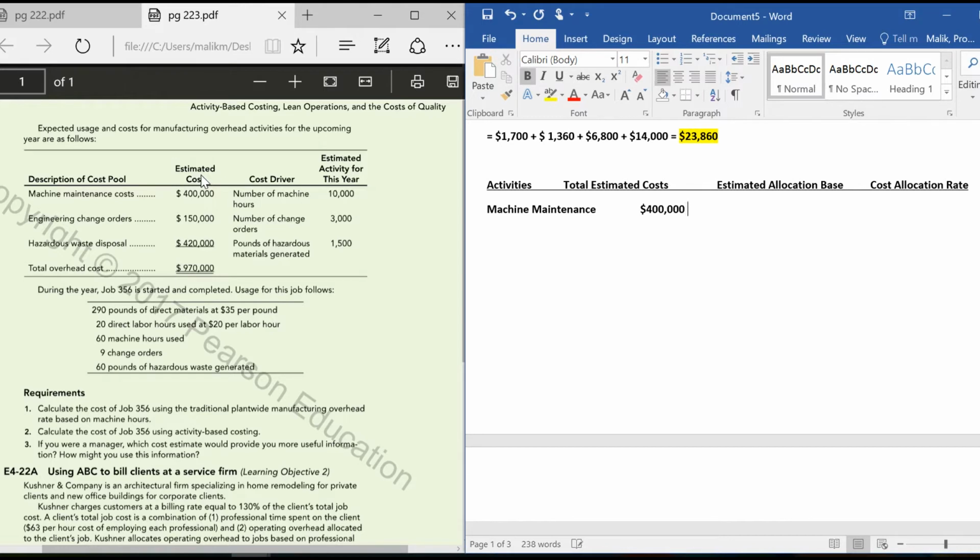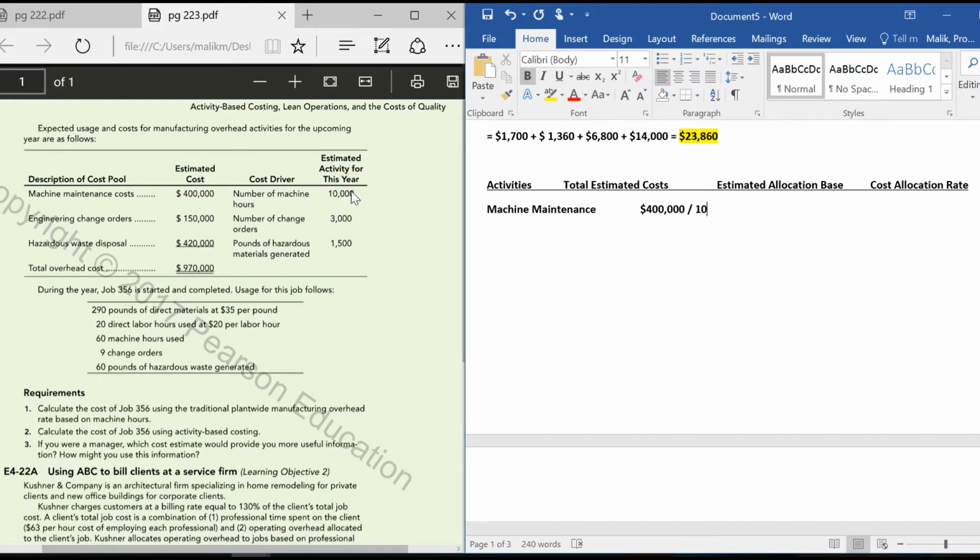So we have to divide it by the total amount of allocation base or cost driver. Remember, cost driver and allocation base are the same. And we see that for our first activity, machine maintenance, our total amount of allocation base is 10,000.